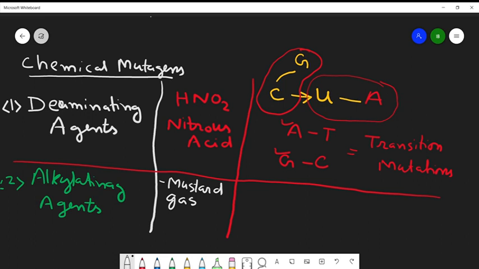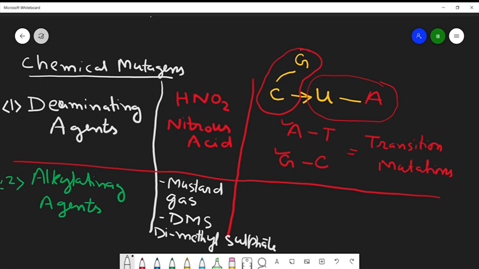Another example of alkylating agents includes dimethyl sulfate, which is written as DMS. DMS stands for dimethyl sulfate, right?